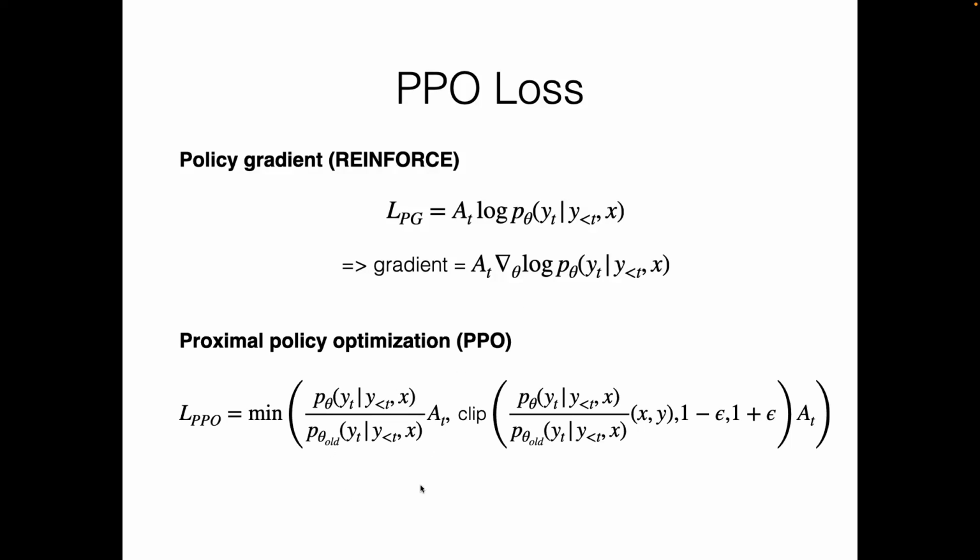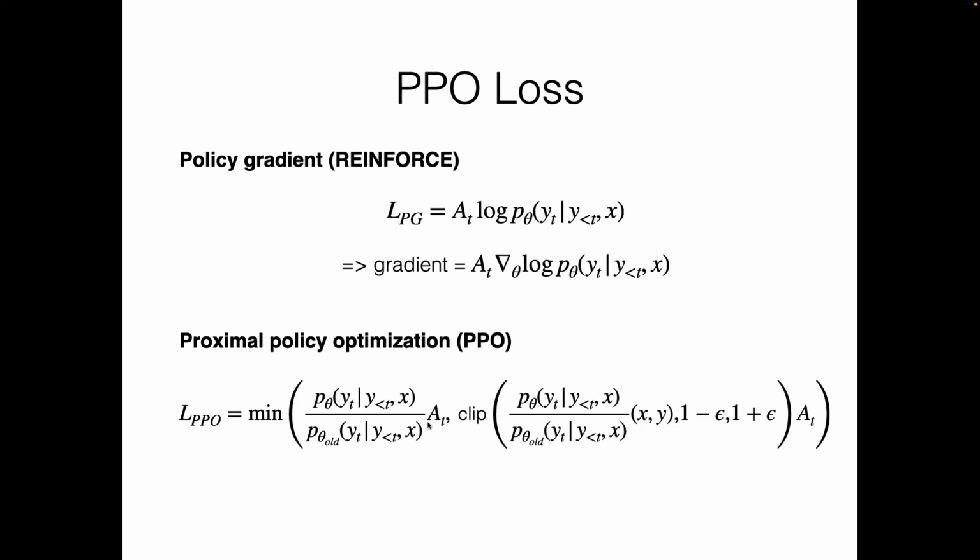The first is to use this ratio. You have the old model and the new model, and the idea is this gives you some notion of how far the model is moving when you're making the updates. So for this, you have to keep a copy of an old model and compute this ratio.